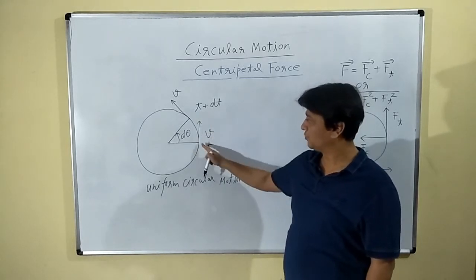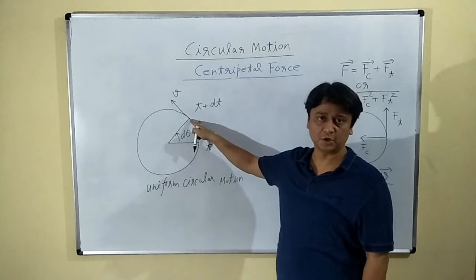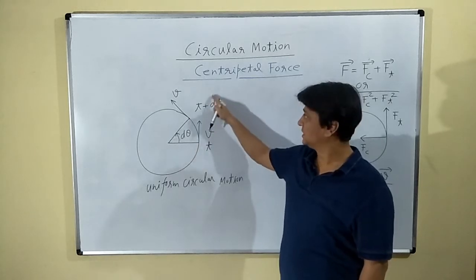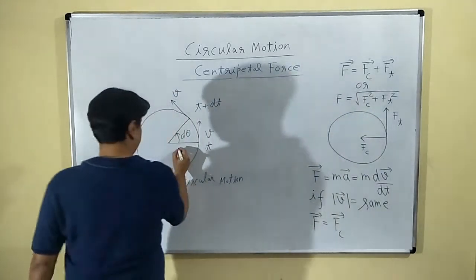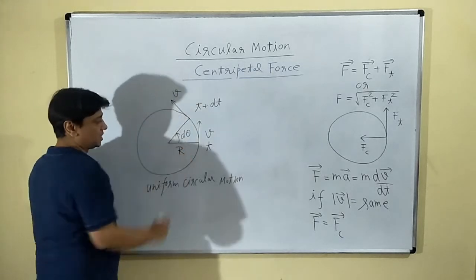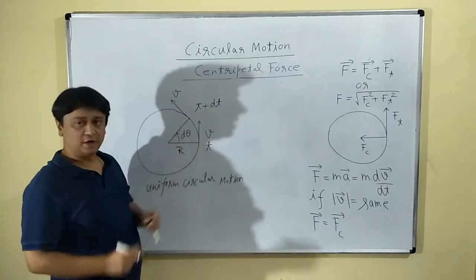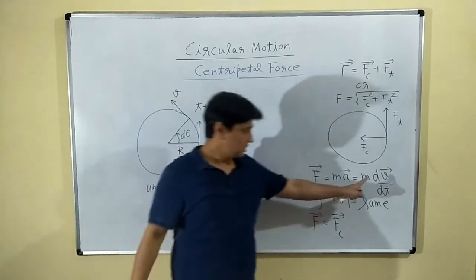From this position to this position, it takes dt time. Now, radius is r.